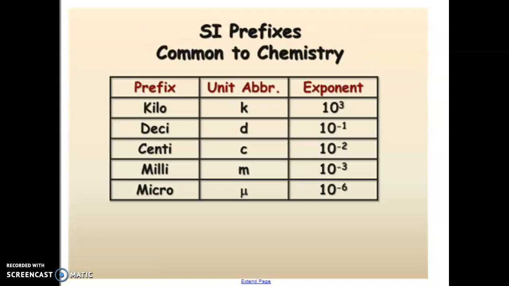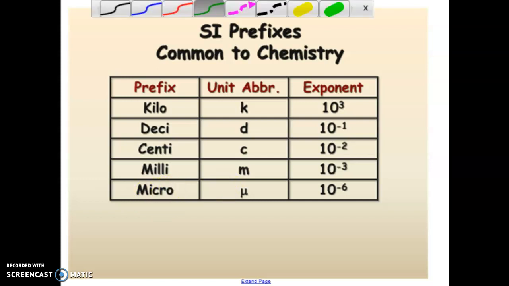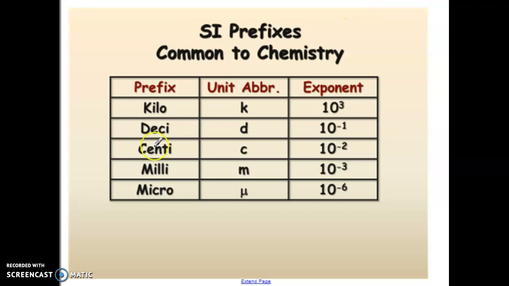Now, prefixes that are going to be common that we will be seeing. You've seen these before anytime you learn about measurements, right? So we have a kilo, a deci, a centi, milli, and a micro. These are prefixes that are attached to the unit. So you can have centi and then a centimeter, a millimeter, a kilometer, or a meter.